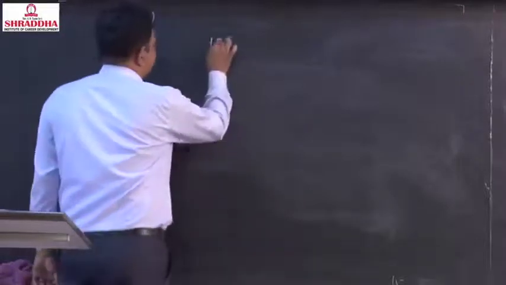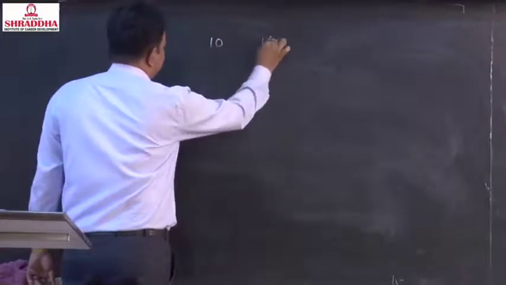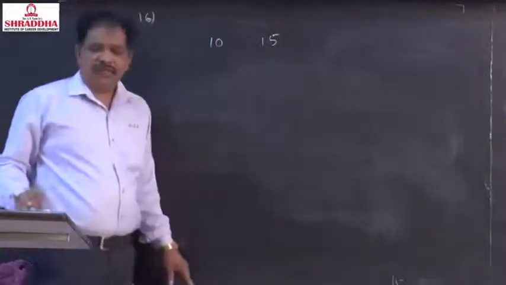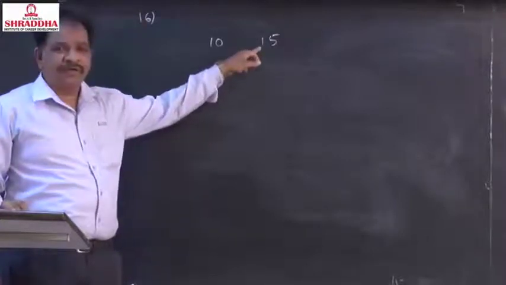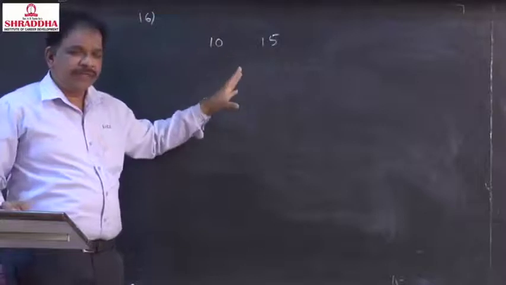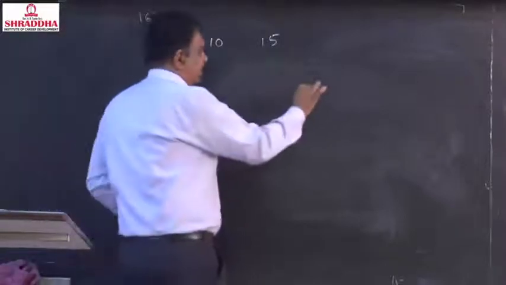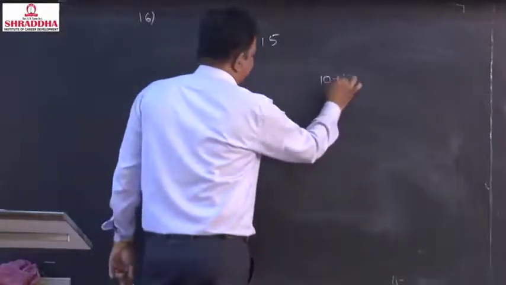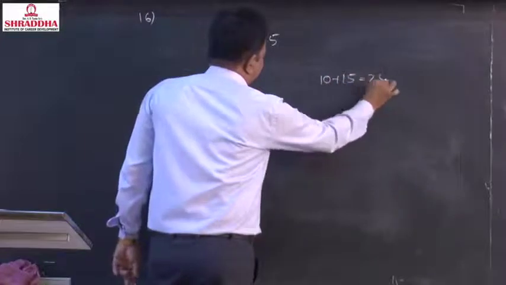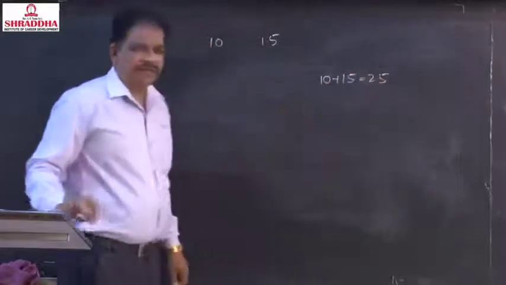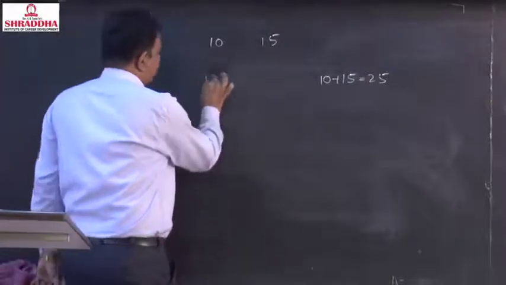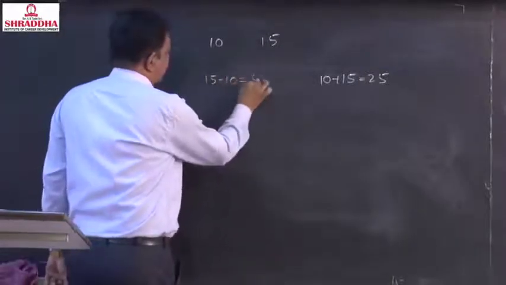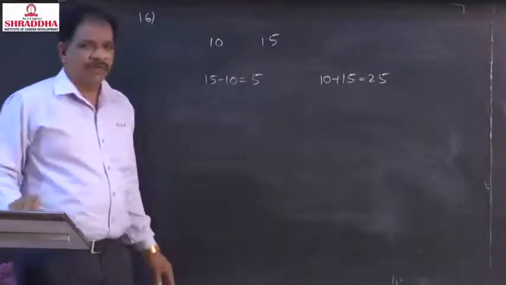Their magnitudes are 10 and 15. So using these two vectors of magnitudes, we can get maximum magnitude is 10 plus 15. That value is equal to 25. We will get minimum magnitude 15 minus 10. This is equal to 5.